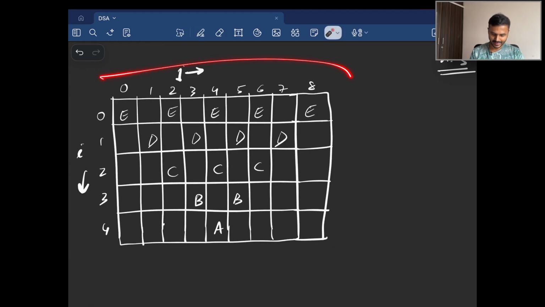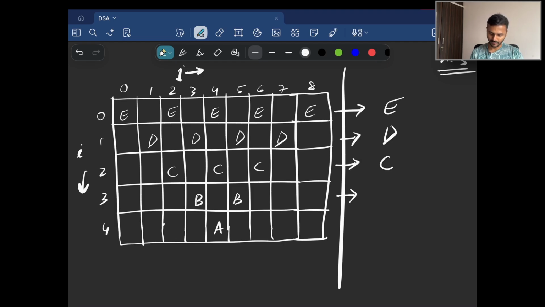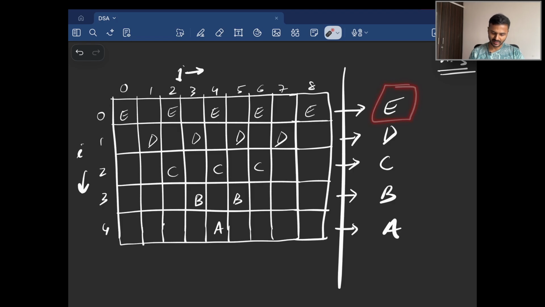So take a look at this. What you notice is, in the first row, all we are doing is printing E. In the second row, we are printing D. Then in the third row, we are printing C. Fourth, B, and fifth, we are printing A, right? So in the first row, for example, we're printing E only, nothing else.